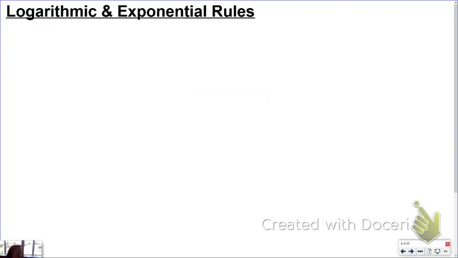Okay, so just some basic log and exponent rules for the next couple of problems, okay?